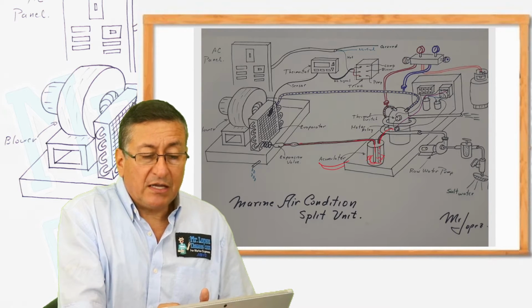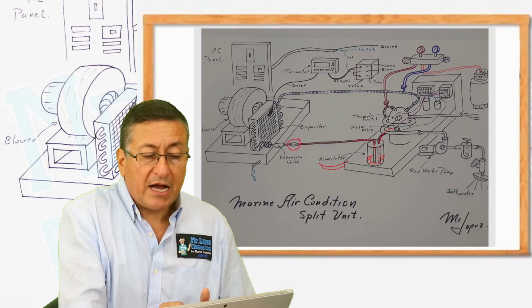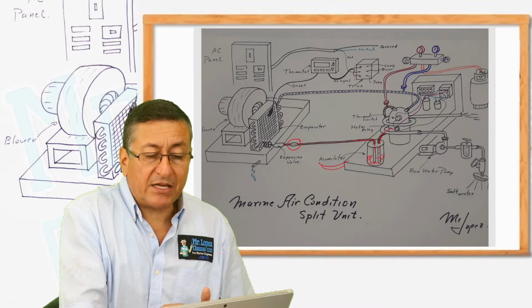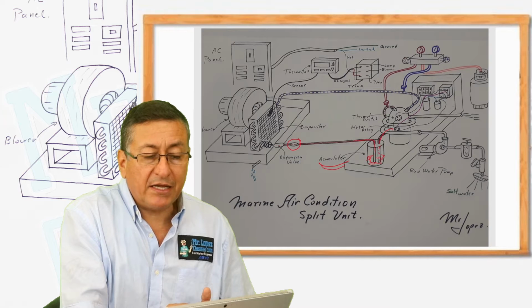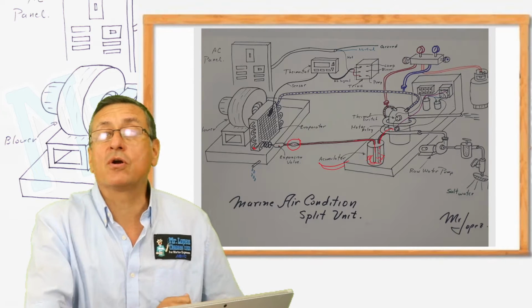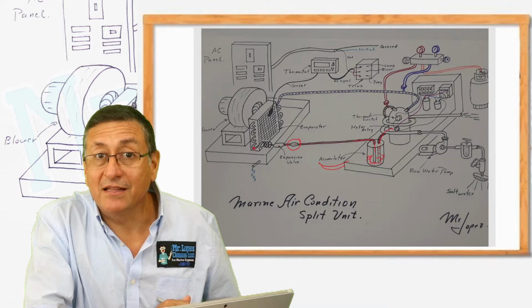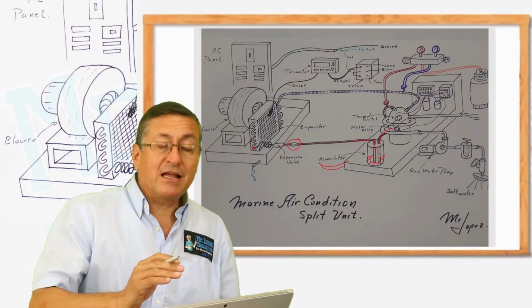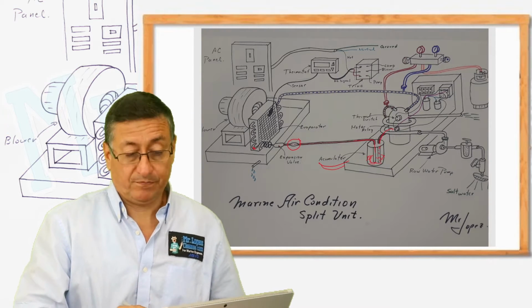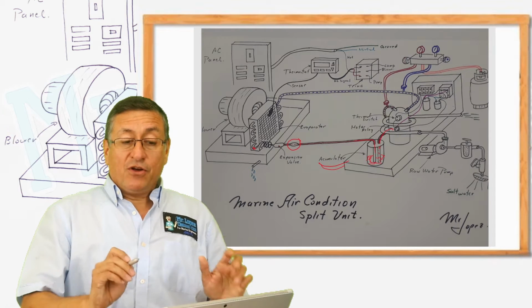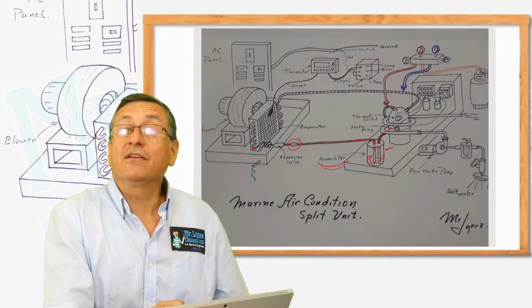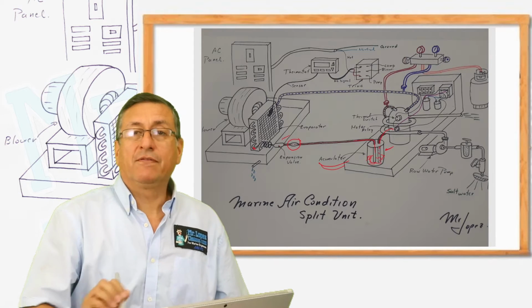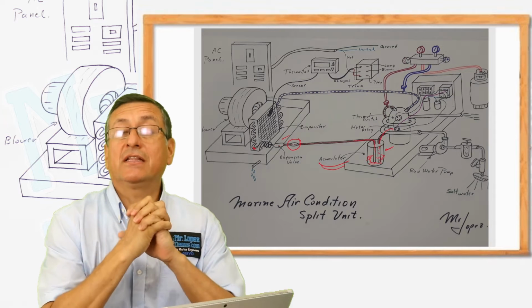This is another dryer. And after that, it enters into the expansion valve. After the expansion valve, the diameter of the pipe is smaller, a capillary pipe, and it enters in the bottom of the evaporator and starts the process of evaporation. We are going to analyze in the next video clip this element, the receiver, and the expansion valve, and we are going to analyze the different types of expansion valves.